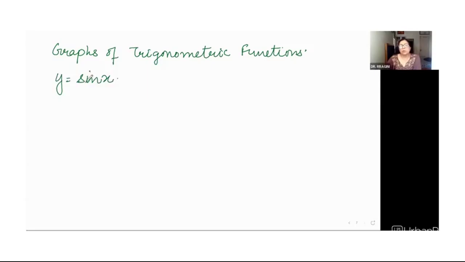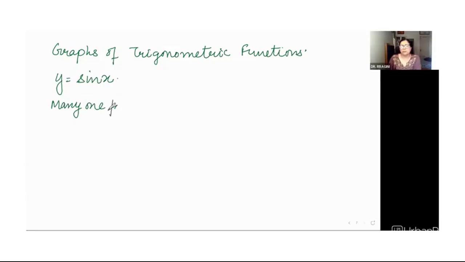See, you should know what kind of graph you will get, but before that you should know the behavior of sine x, right? Sine x is a many-one function. Why many-one? I'm going to tell you everything.